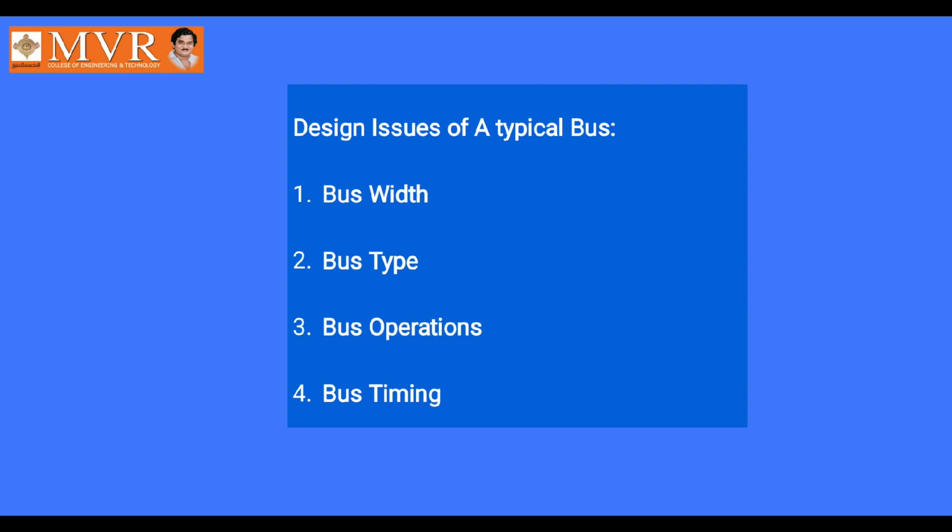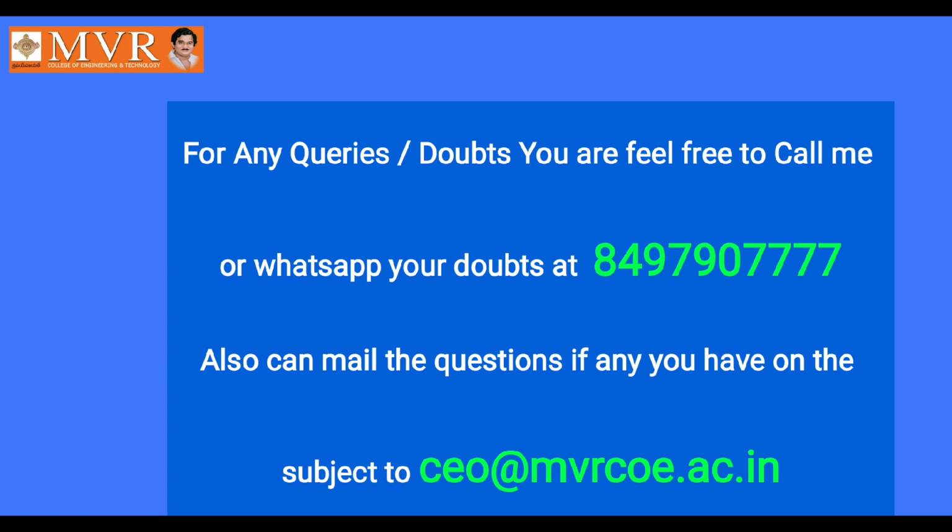So when you are going to design a bus, whether it is wired or wireless communication, you also need to consider bus width, bus type, bus operations, bus timing, and also bus arbitration, whether it is centralized or distributed. These are all the various issues you need to keep in mind while designing a typical bus.